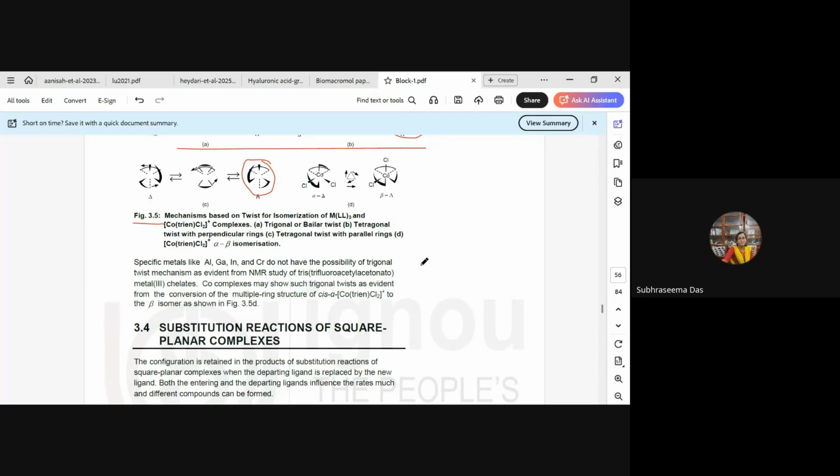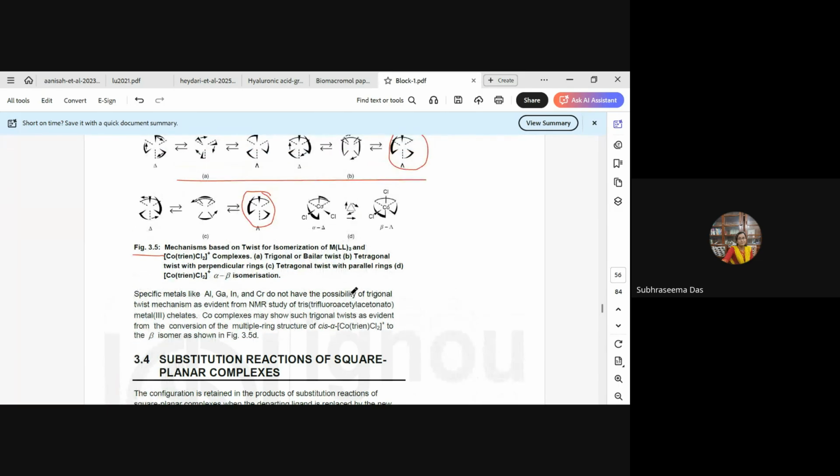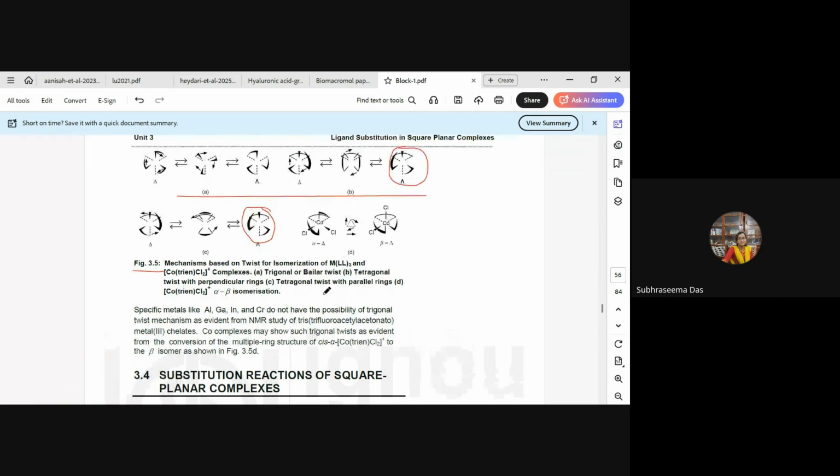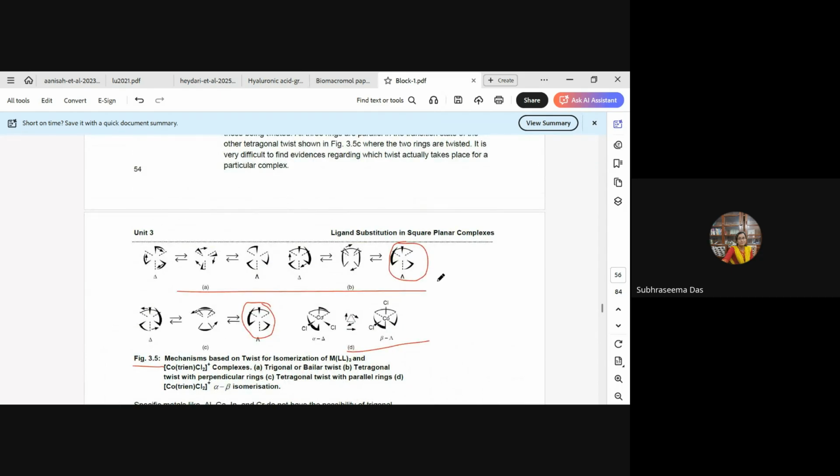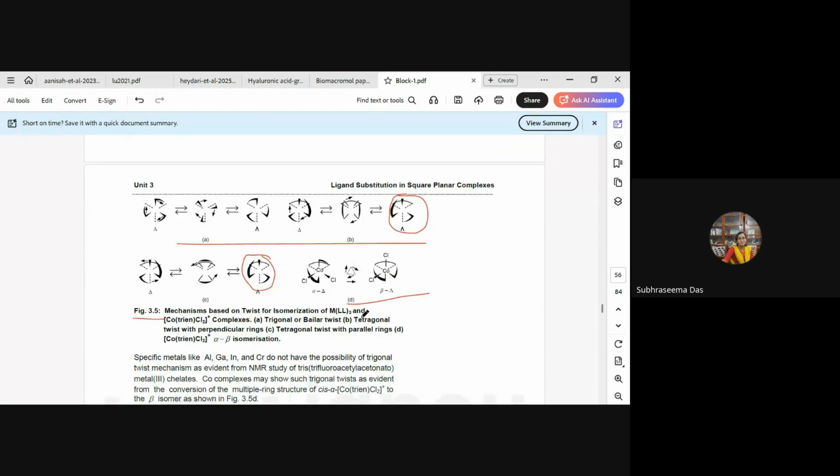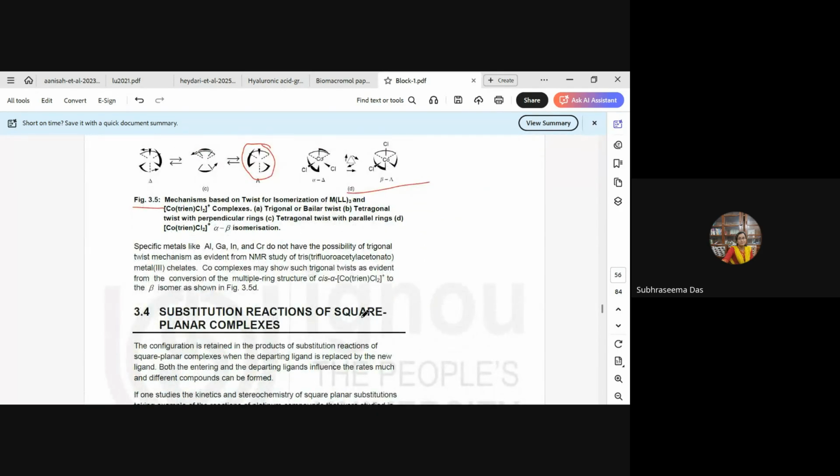Such complexes show the conversion of the alpha isomer to the beta isomer. This is the fourth twist, which involves the conversion of the alpha isomer to the beta isomer. This is the mechanism of the different twists for isomerization in substitution complexes.